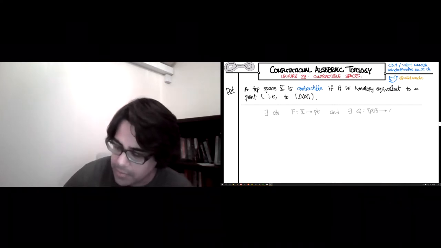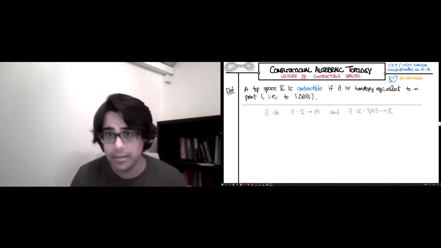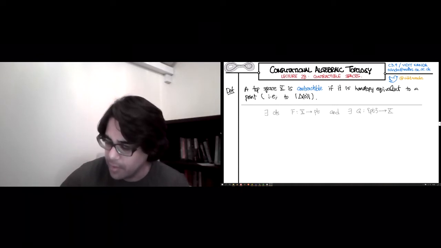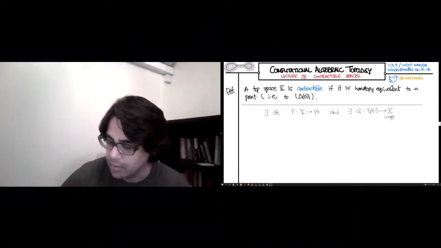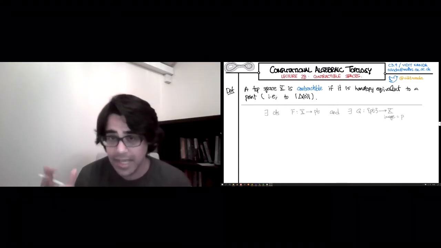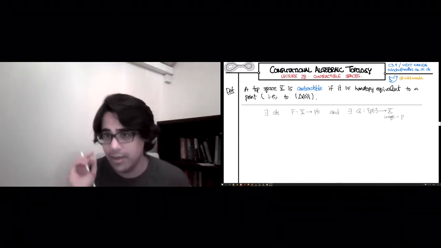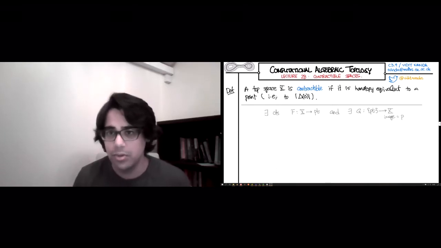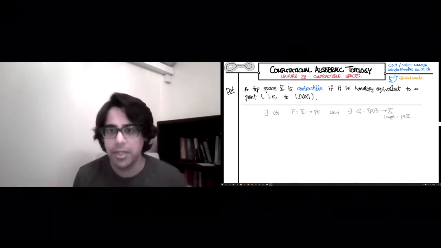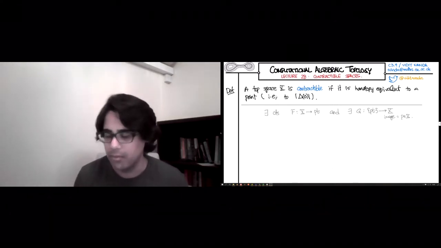In fact, you have as many choices as you have points in X. You just pick out one of those points. And let's say the image of this map G is P. So it takes that one point that you have and sends it to the point P in X. And it cannot have a bigger image because it only has one point to play around with.